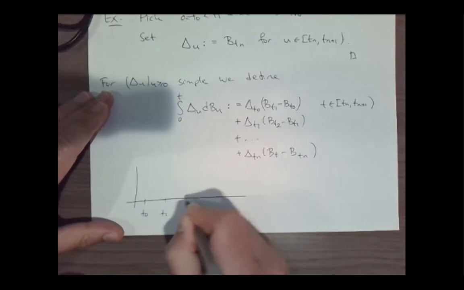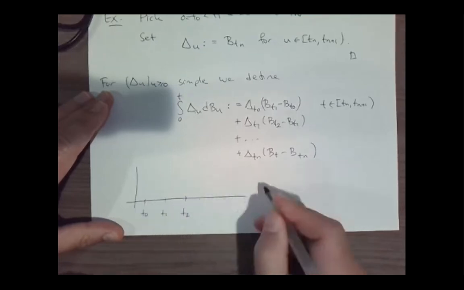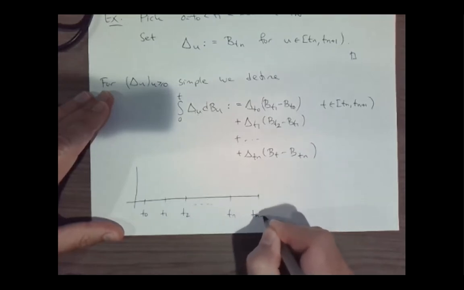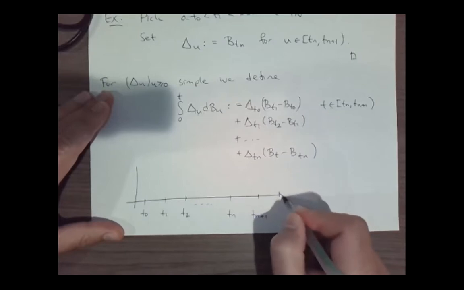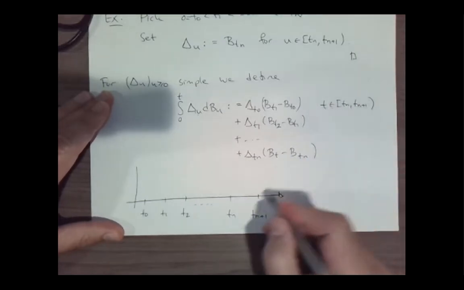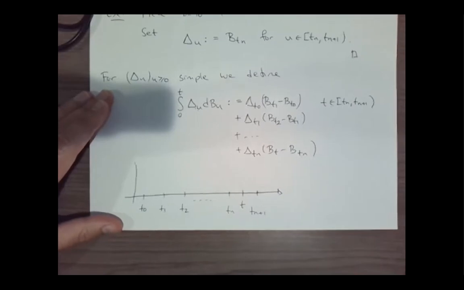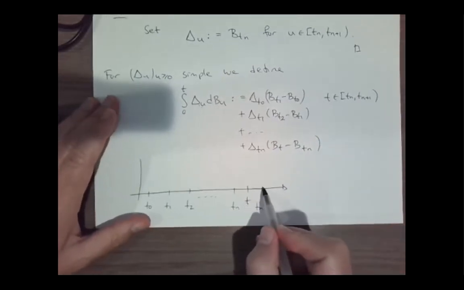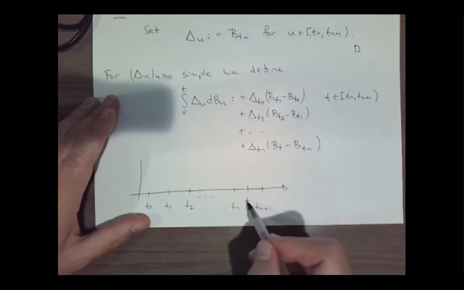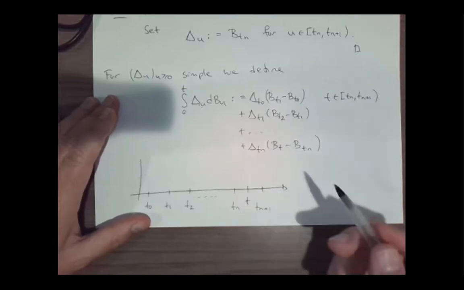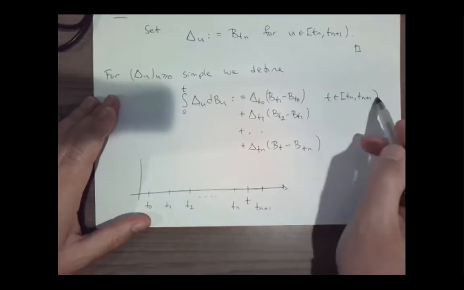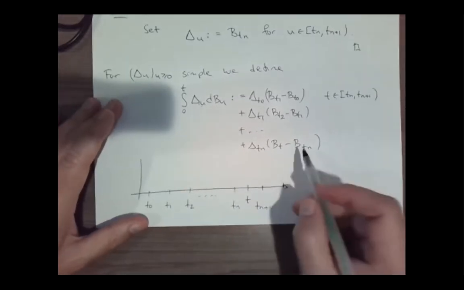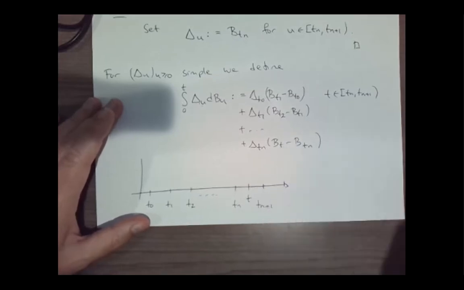So I have t1, t2, and then I have my tn and my tn+1. And in between there somewhere, I'll have my t. I don't know that my t is sitting all the way at the end. It could also sit all the way at the beginning. So that's why it doesn't go all the way here.